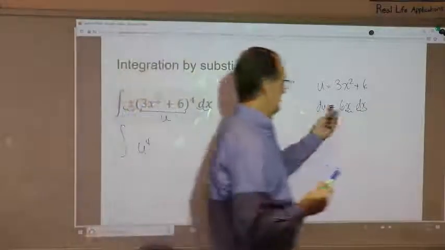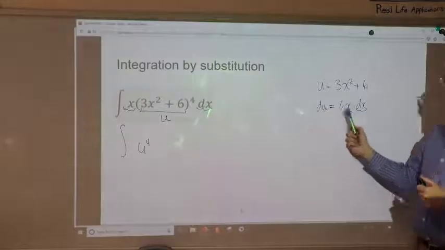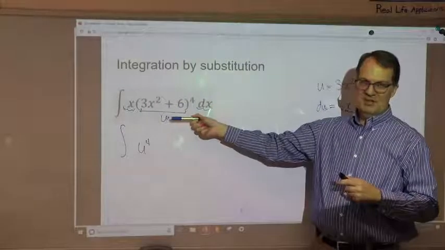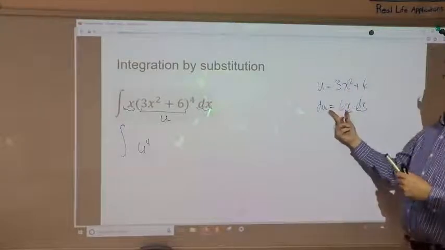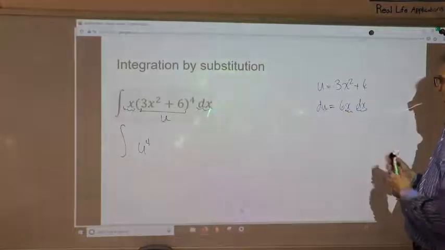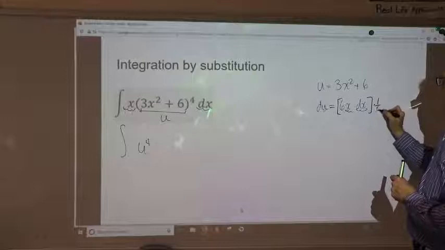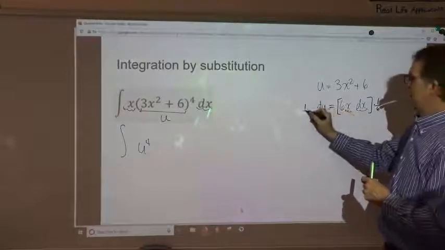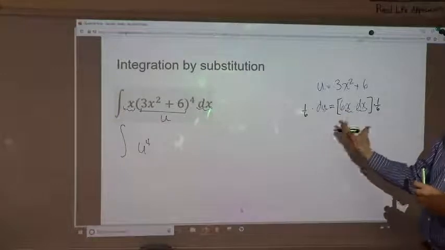But in my derivative of u, I have this 6, which I don't have in my integral. So I'm going to remove the 6, which is simply, if I multiply by 1/6, then 6 times 1/6 makes 1.